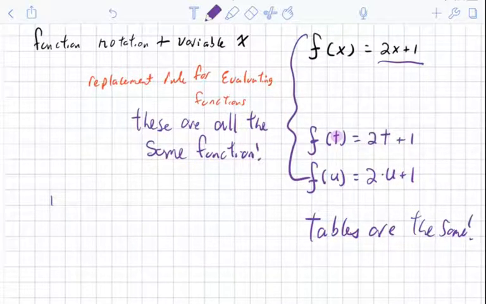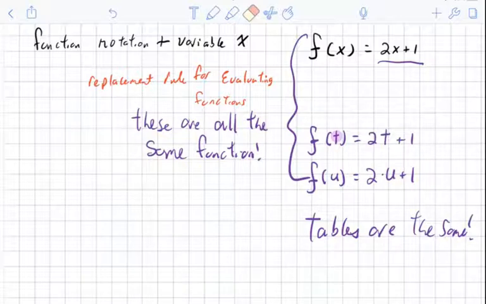Which is weird because the variables are different. What makes a function isn't the variable name, it's the relationship between the input and the output. So we can use whatever variable name we want. Well, if they are really all the same, like we argued with two polynomials in one of the first lessons, we argued that two polynomials were the same because if you expanded one, it looked exactly like the other one.